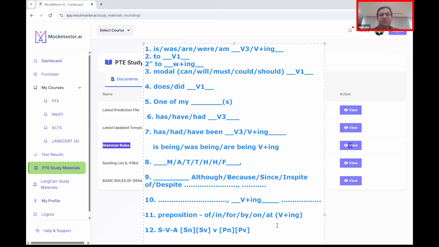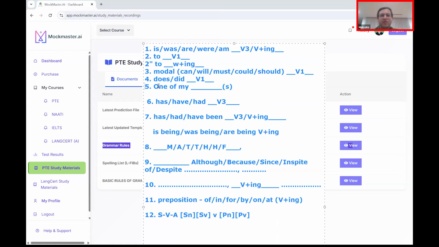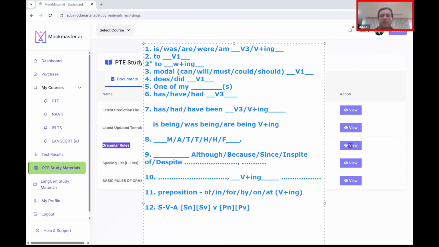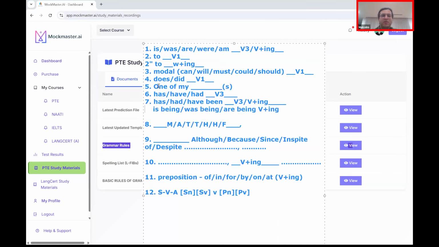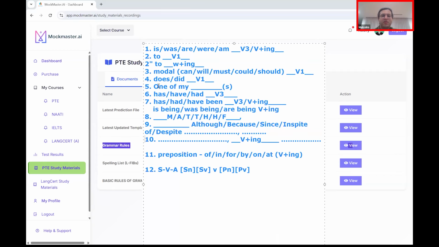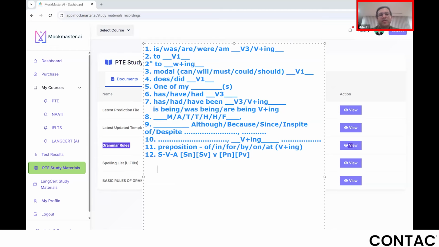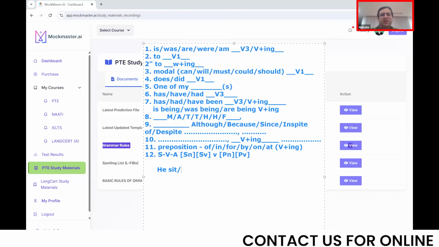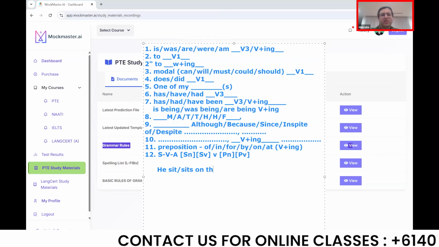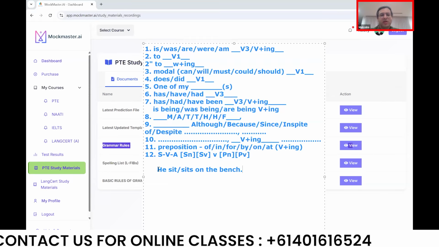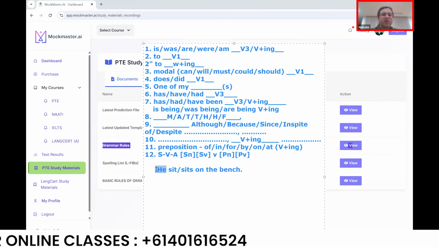Now, for example, he sits on the bench. Now, is he singular or plural?